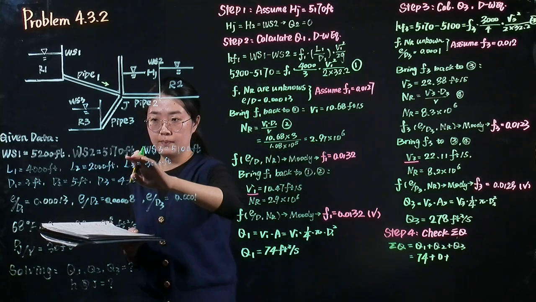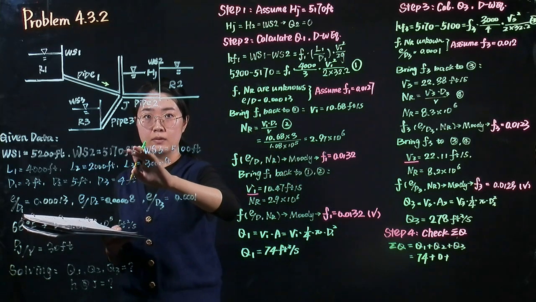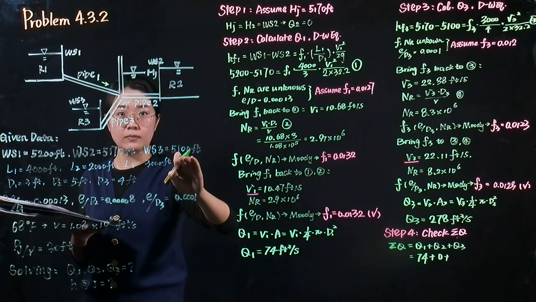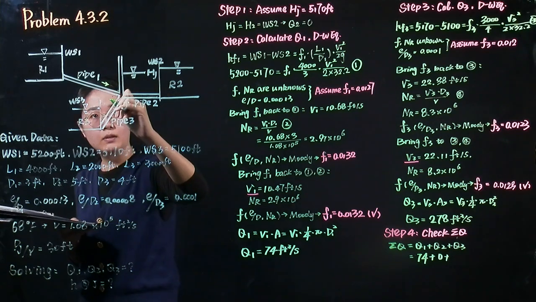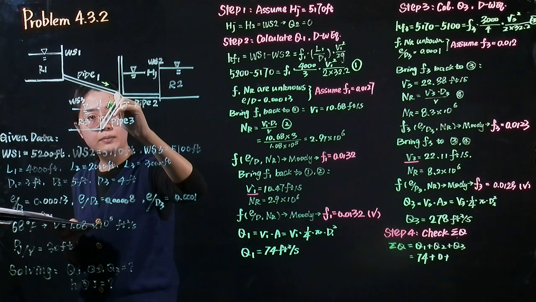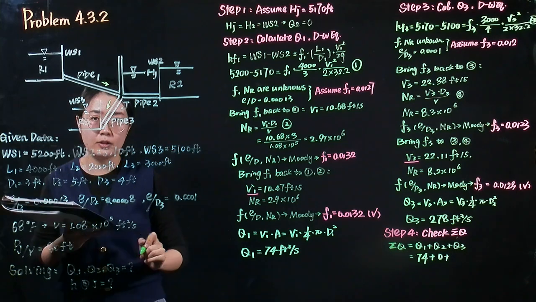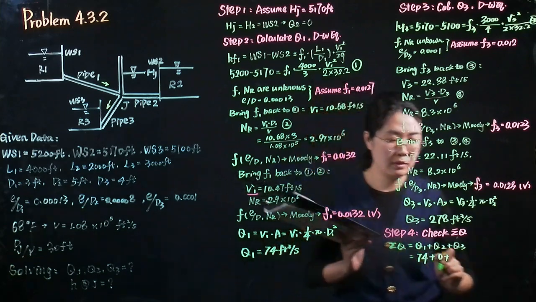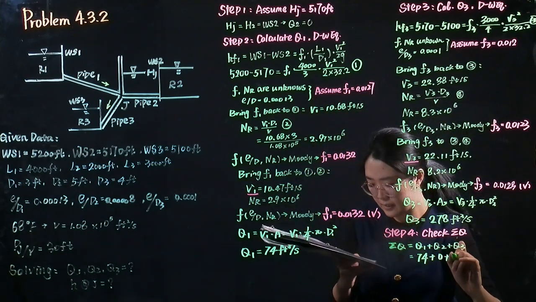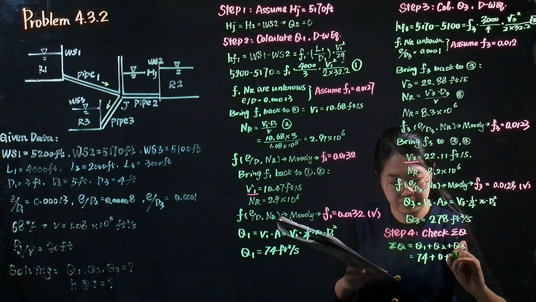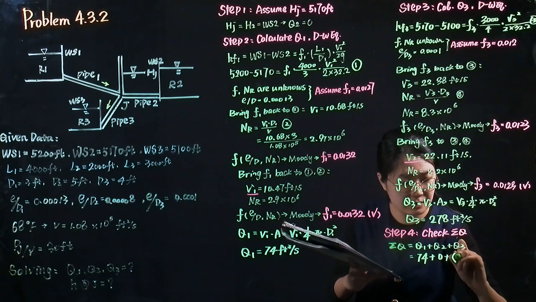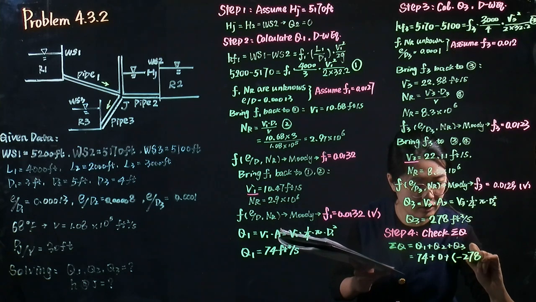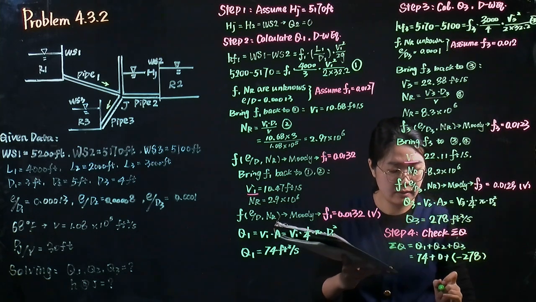its direction is from the joint point to reservoir 3, so it's an outflow, so it should be negative. Then it's minus 278 cubic feet per second.